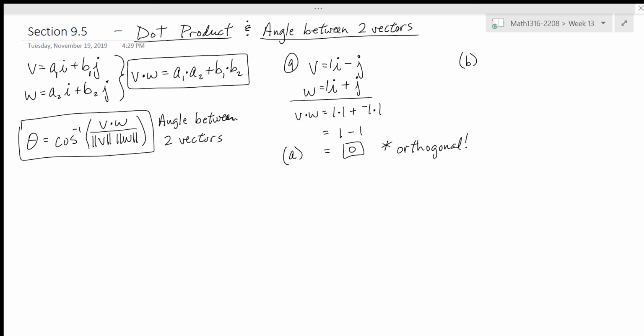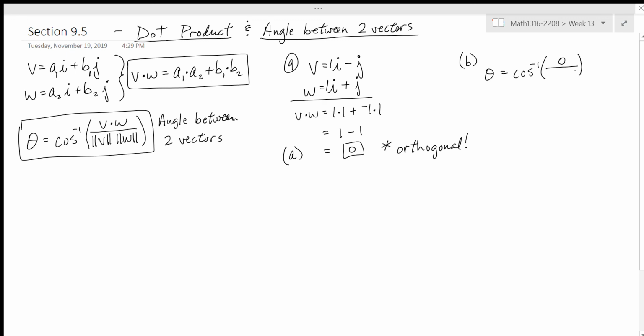And now we're going to use this formula, finding the angle between the two vectors. So that's going to be the inverse cosine of the dot product. Do y'all see that? The numerator is the dot product. But didn't I just calculate that? So what is the numerator?